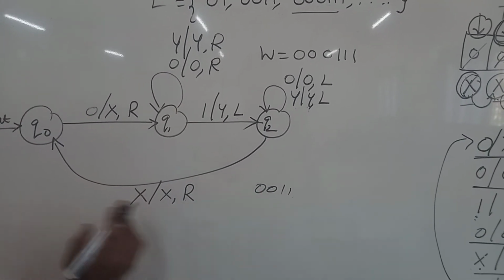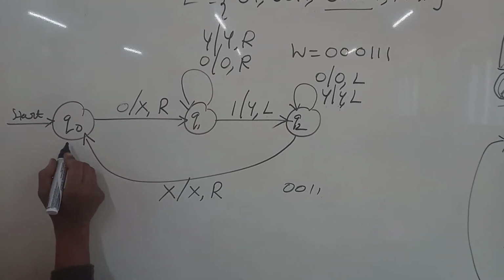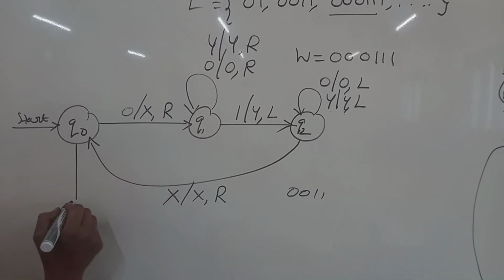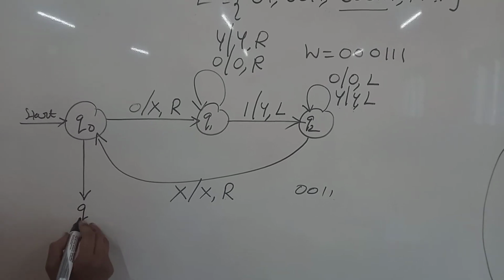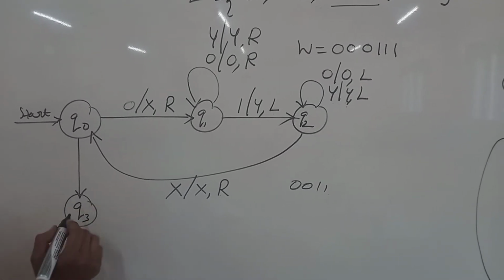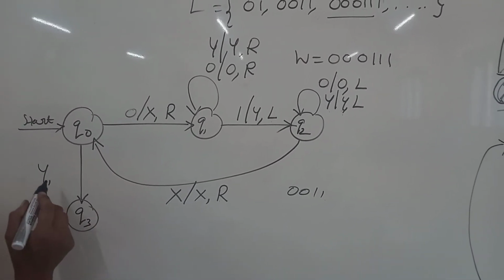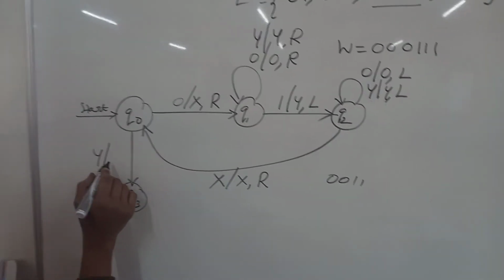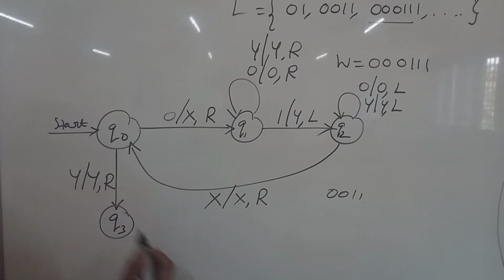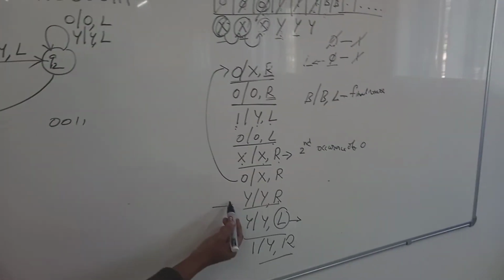Now after this, we go to the state Q3 for y, and we retain y and move right. That is the last transition.